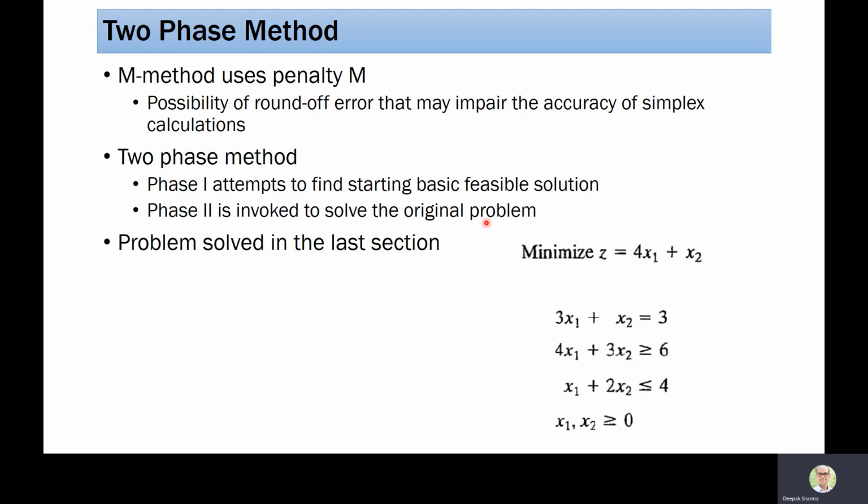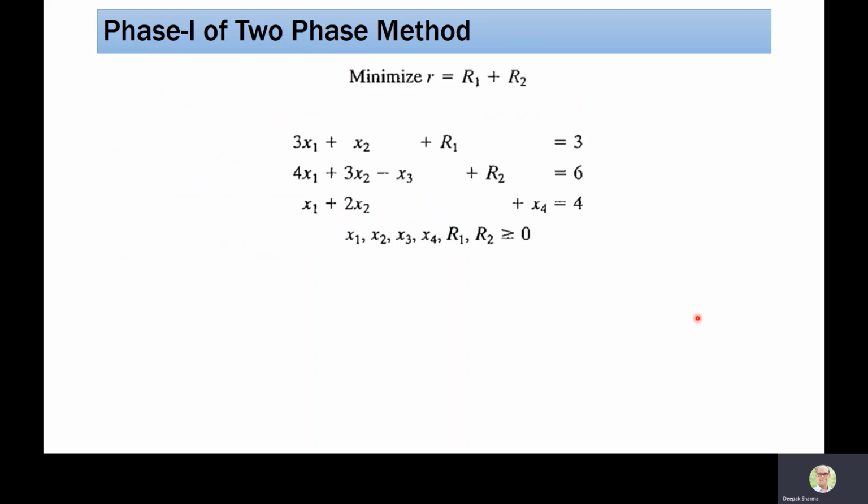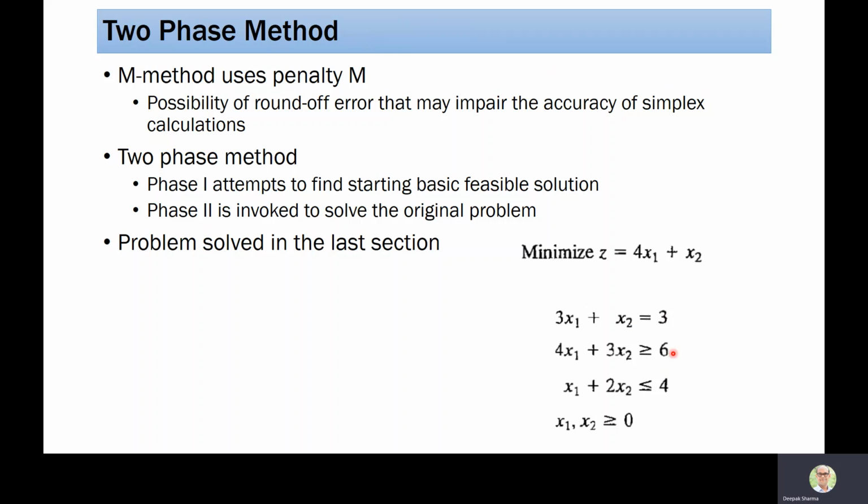Let us see how. This is the problem which we solved in the previous example. We are going to solve the same problem using the two-phase method. Now phase one. For constraint one, we add an artificial variable. For constraint two, we subtract a surplus variable and then add an artificial variable, and for constraint three, a slack variable.